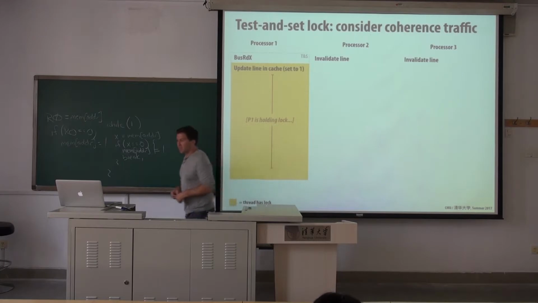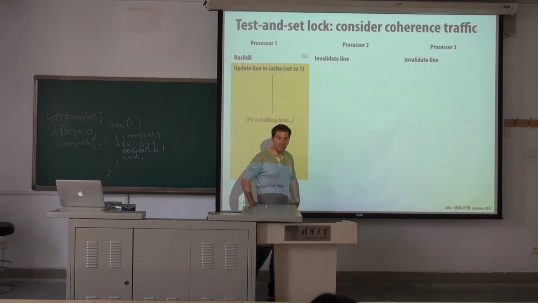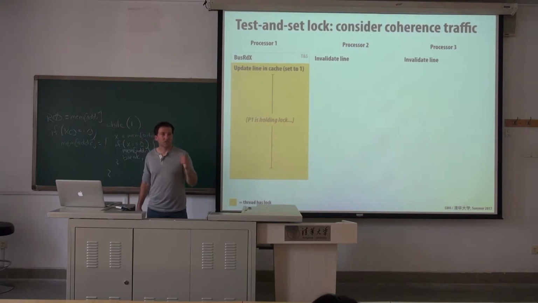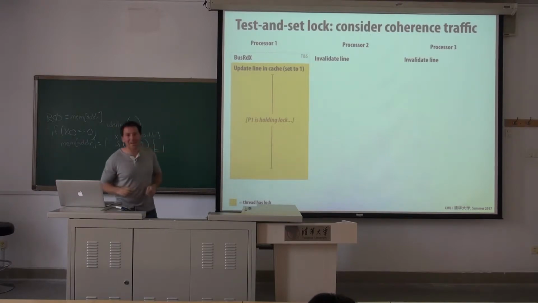Right? So let's say that processor 1 gets the lock. Processor 2 has invalidated their line, like you said correctly. Now what happens when processor 2 tries to get the lock? Because remember it's saying test and set, test and set, test and set. So what happens next?